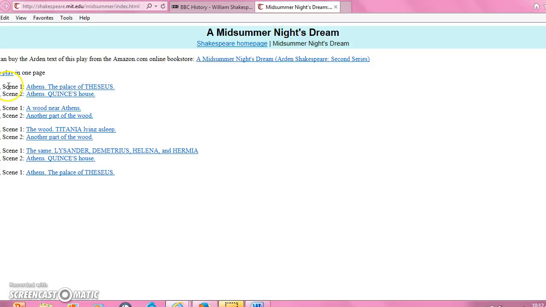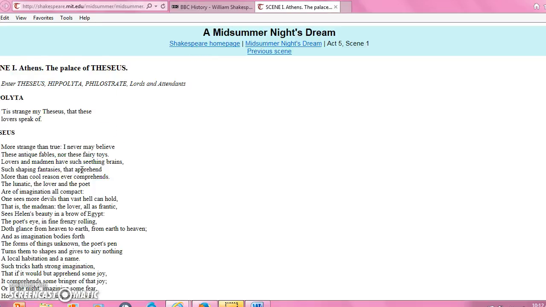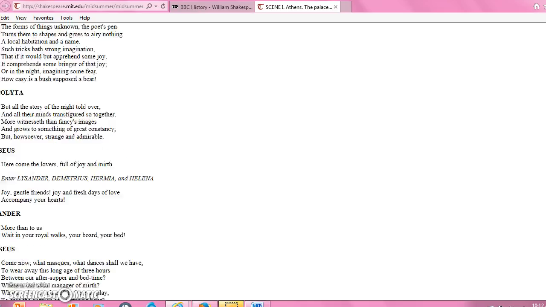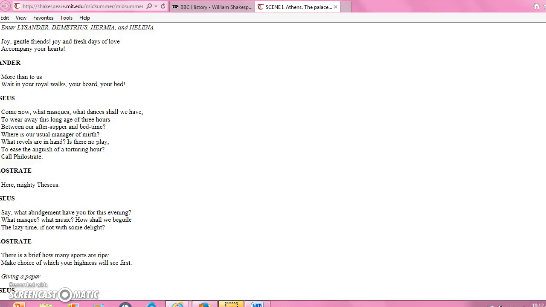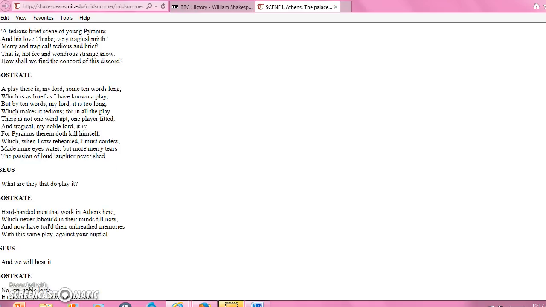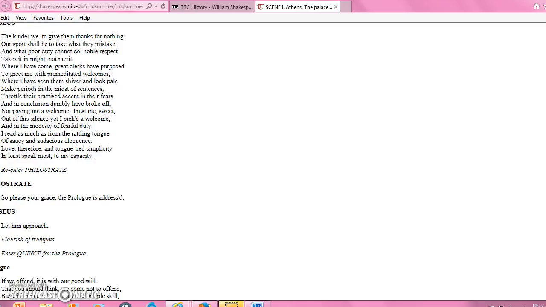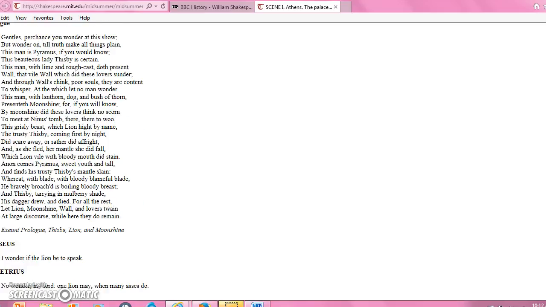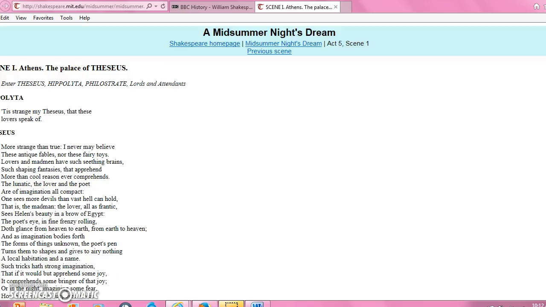So you can go into Act 1, Scene 1, Act 2, Scene 2, those types of things. If you're focusing on the part of the play that you want to present, this is right here where you'll be able to break it down. This is also going to be really handy for you if you forget your book at home. So remember this site. If you were to ever forget your book at home, it's got the whole play on there. Okay?